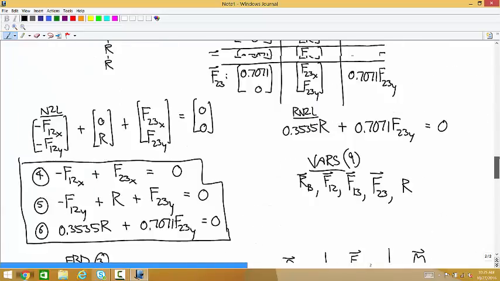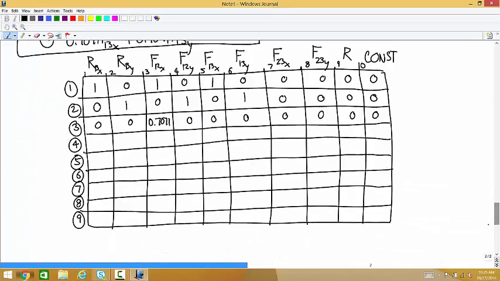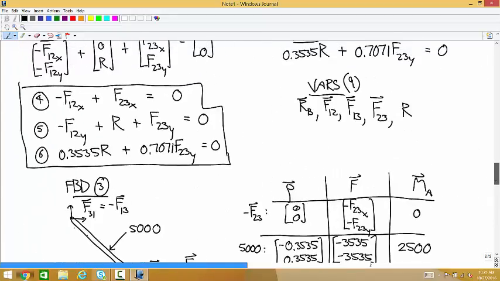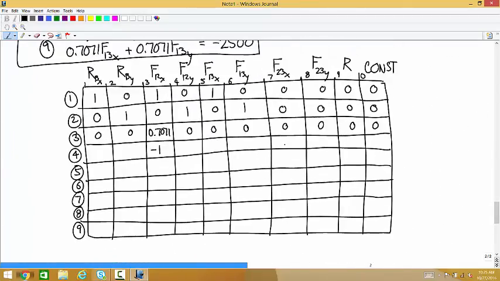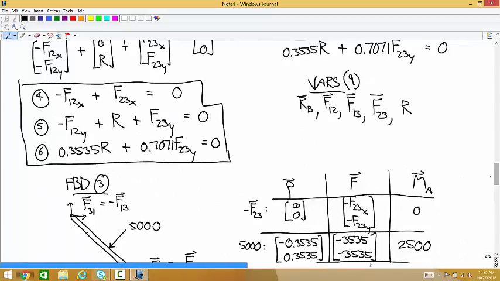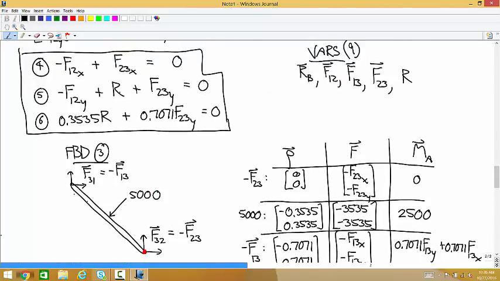Okay, equation 4. F12x, we have -1. F23x, we have +1. And everything else is 0. Equation 5, F12y, we have -1. R, we have 1.